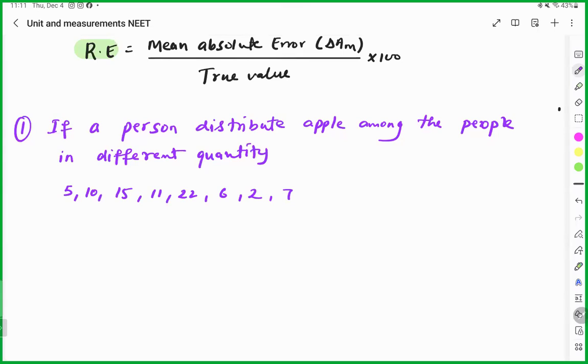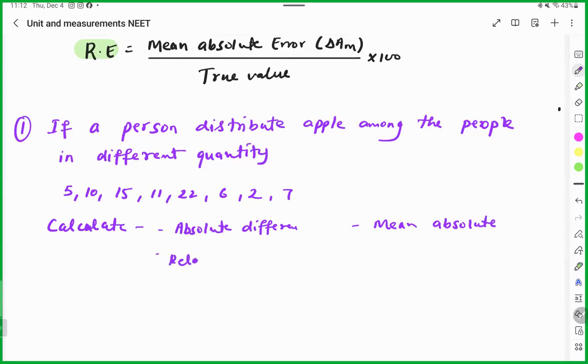You have to calculate, in the question: first the absolute difference, then the mean absolute difference, third the relative absolute difference, then the percentage absolute difference.